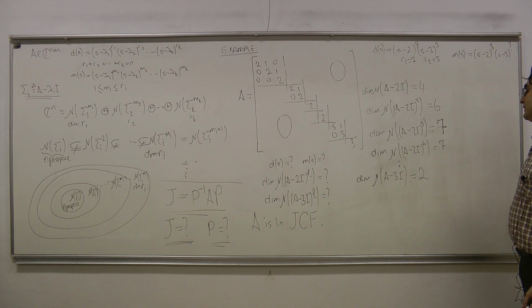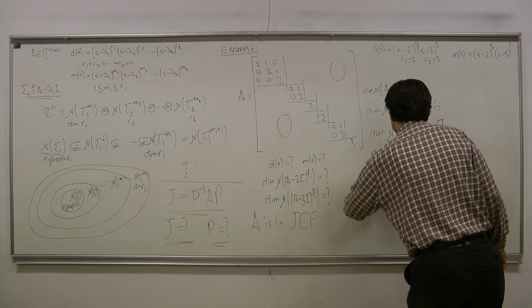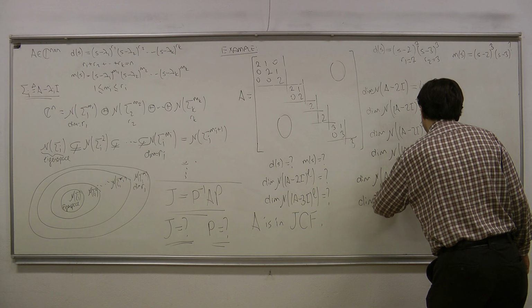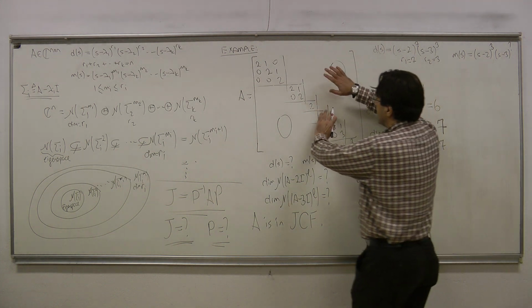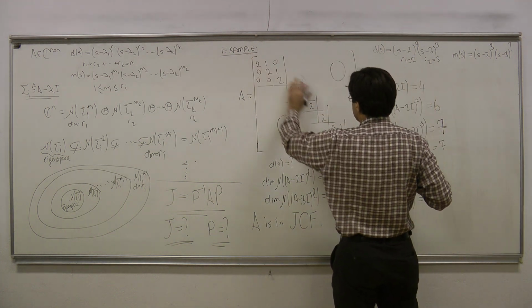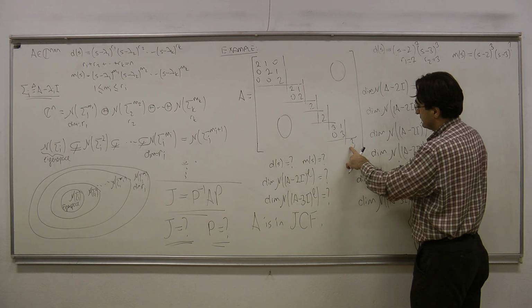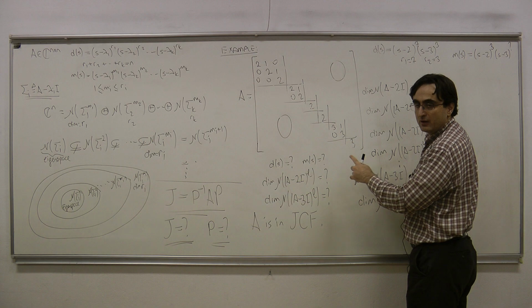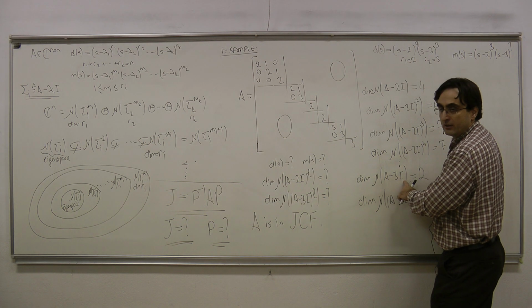All right? And now what is going to happen when I take the square of it? The dimension of the null space of A minus 3 identity squared. In this case, I know that these blocks are irrelevant because they belong to the other eigenvalue. And this 1 by 1 block was already 0 at the first power.